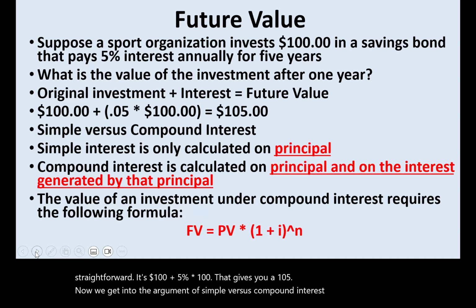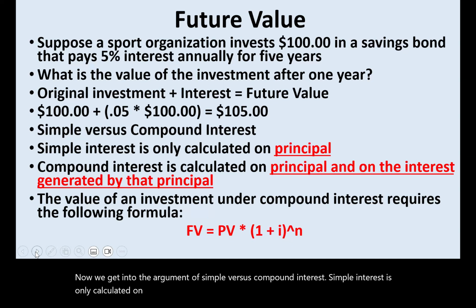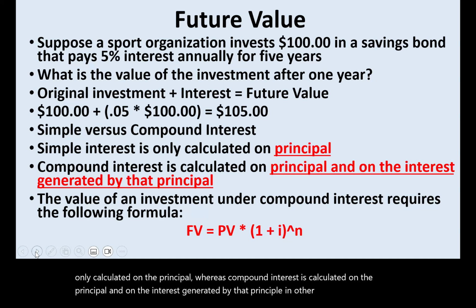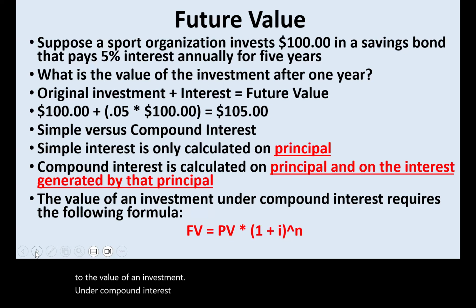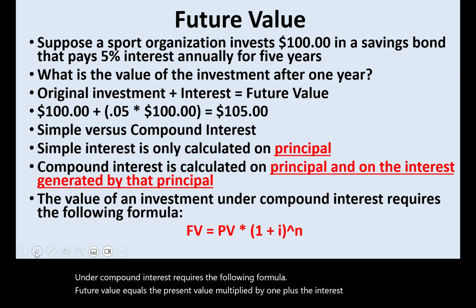Now we get into the argument of simple versus compound interest. Simple interest is only calculated on the principal, whereas compound interest is calculated on the principal and on the interest generated by that principal. In other words, it's interest on top of interest on top of interest. The formula for the value of an investment under compound interest is: future value equals the present value multiplied by 1 plus the interest rate raised to the number of periods.